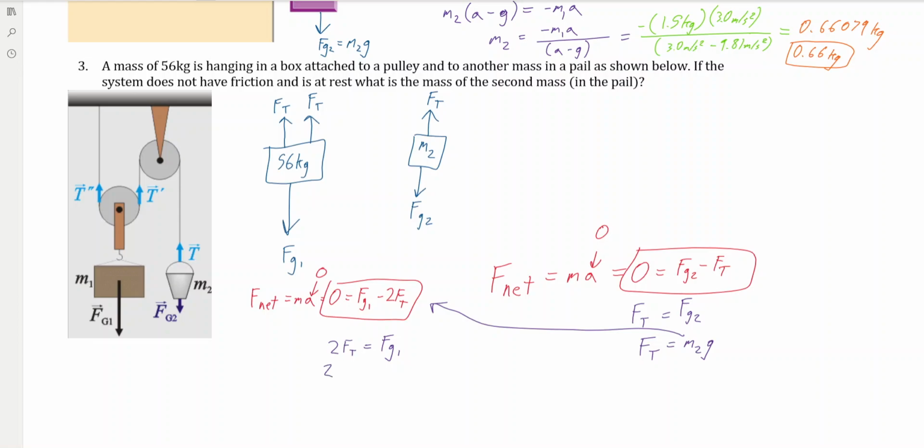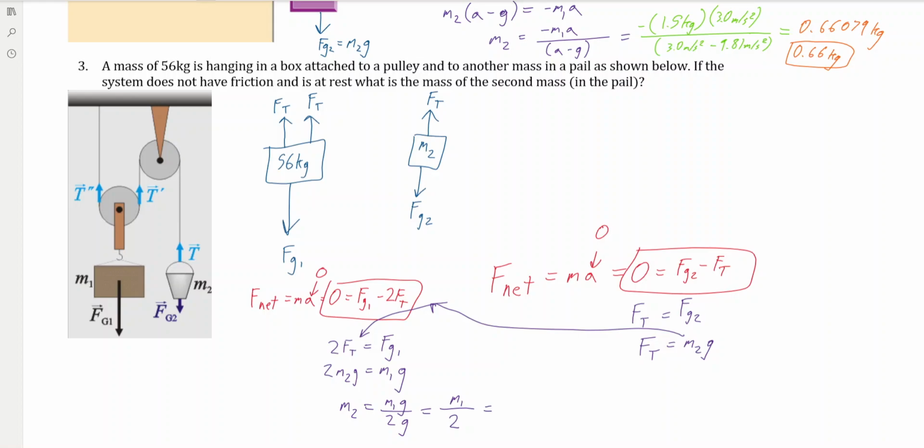Then we'll plug in this value in here, and the other value in the first one. Then we're going to move stuff over and solve for M2. And so we'll have M1G over 2G. You'll notice that G's cancel, and so we're left with M1 over 2.